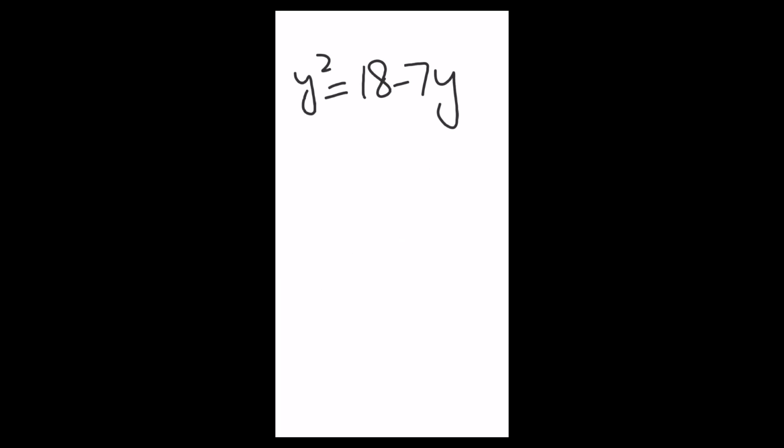We can use the previous procedure. If you remember the previous topic, there are two methods for solving a quadratic equation: either we can factor it, as we did in the previous week, or we use the quadratic formula. If I move these terms from the right hand side to the left hand side, it becomes y squared plus 7y minus 18.